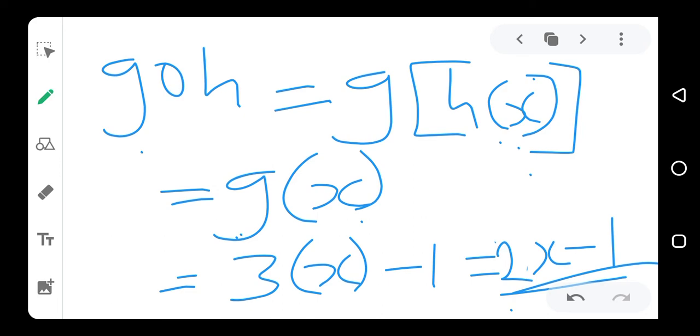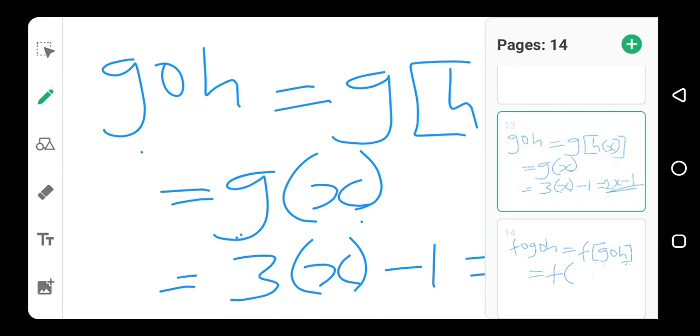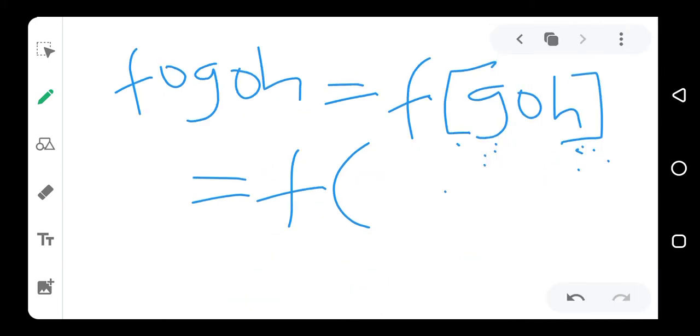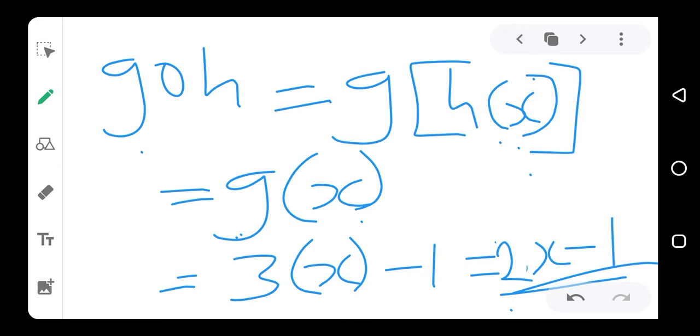So we go there and now say 2x minus 1. This represents the g of h that we calculated here.